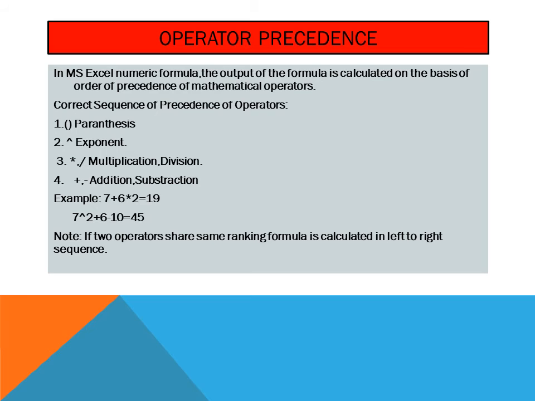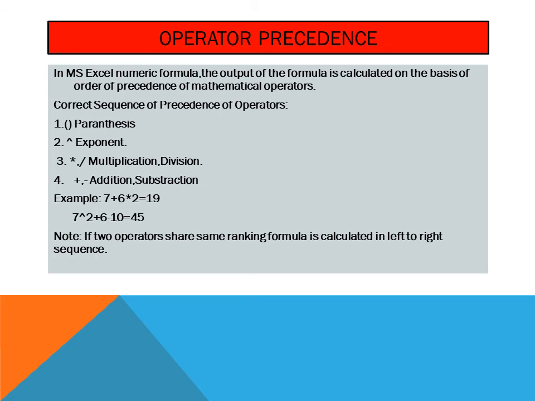Example number 2. 7 raised to 2 plus 6 minus 10. Again, now we have three operators in the given example. We have exponent, we have addition, and we have subtraction.